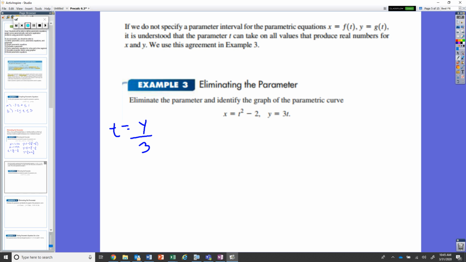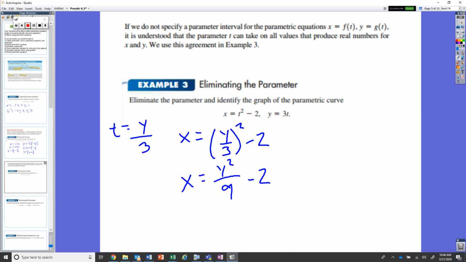So we have that x equals y over 3, which is t, quantity squared, minus 2. And so we get that x equals y squared over 9 minus 2. At this point, you've shown a horizontal facing, right, parabola. That's basically what we've shown in this case.